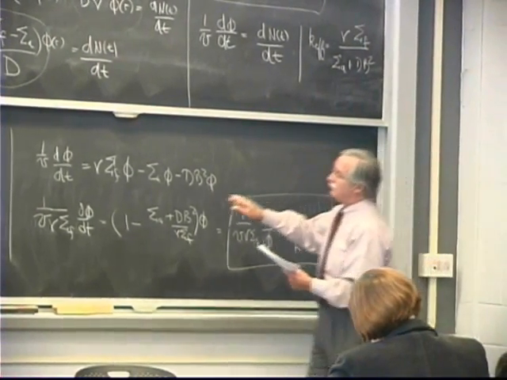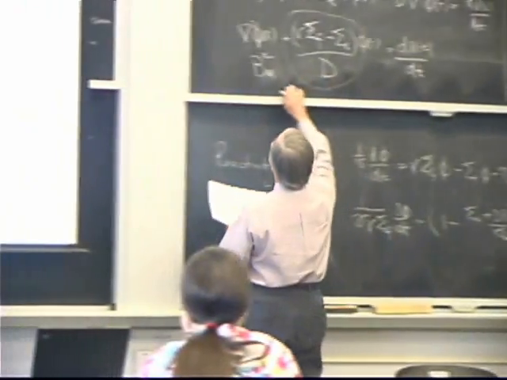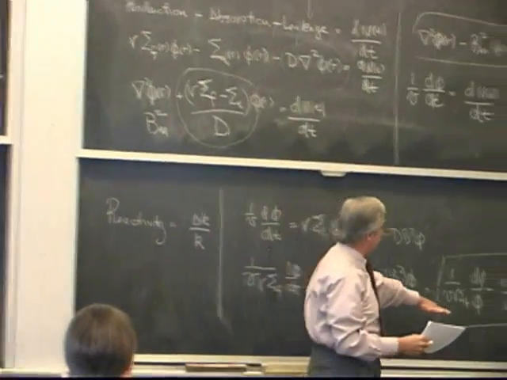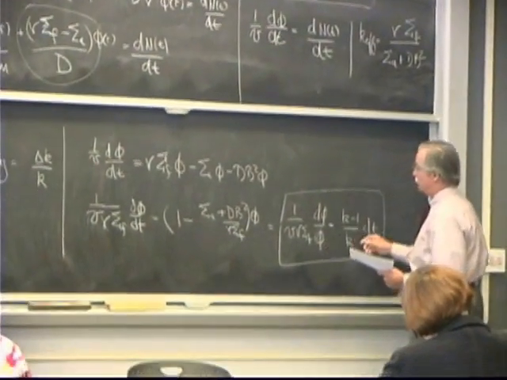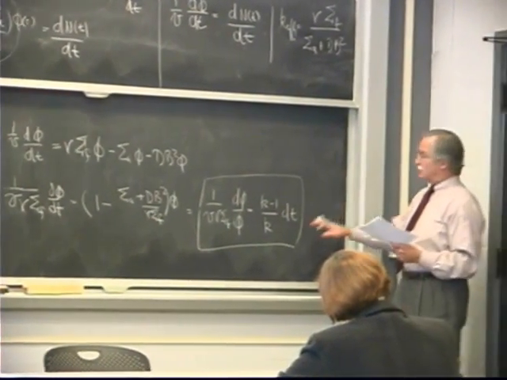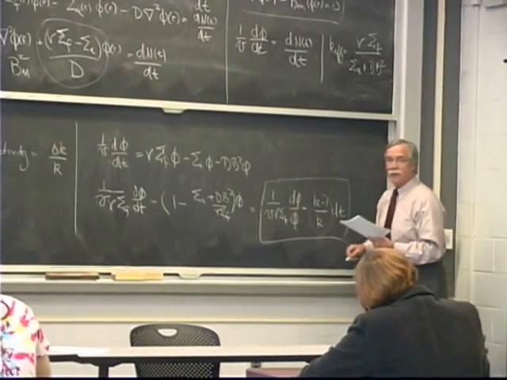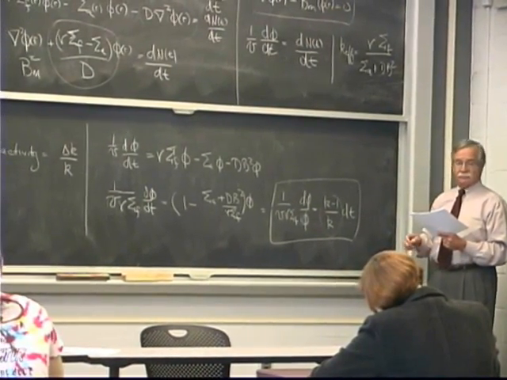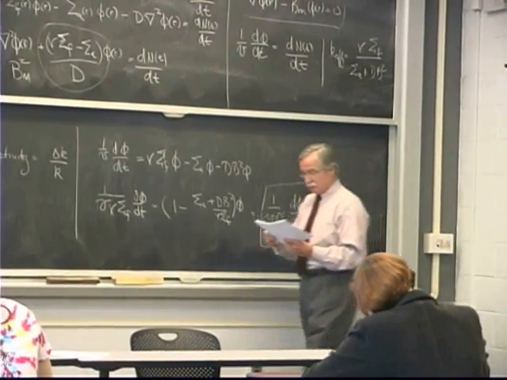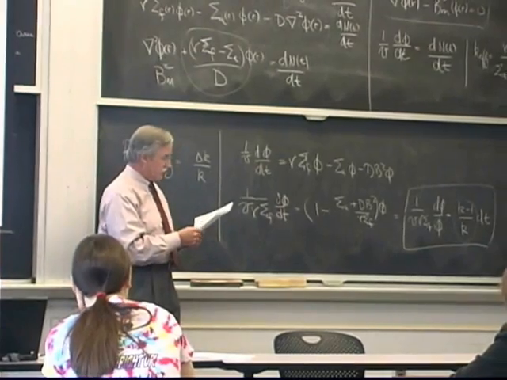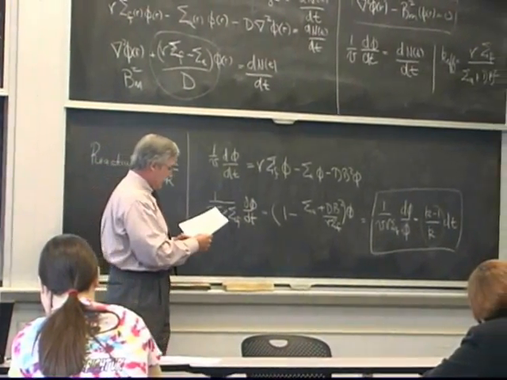So we've gotten the time-dependent diffusion equation in terms of reactivity, showing the change in K as a function of time and the ratio of the fluxes. Now this is only good for prompt neutrons, okay?